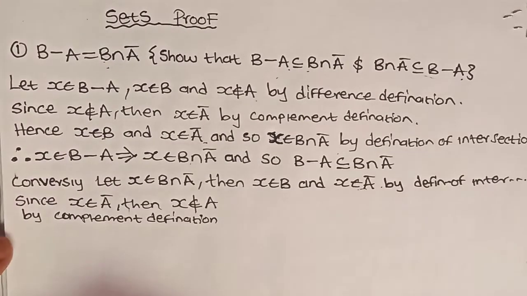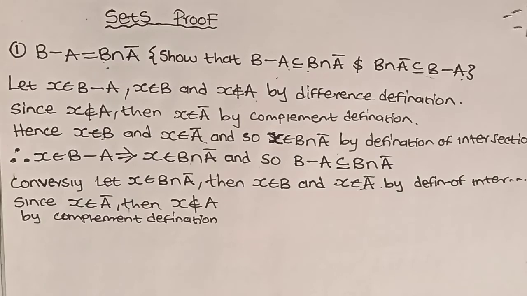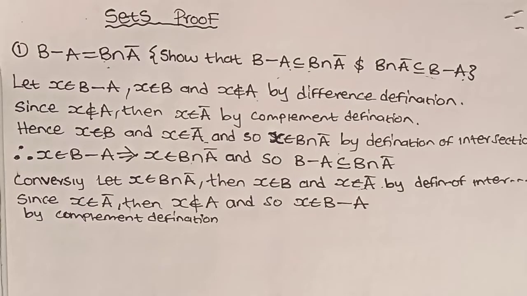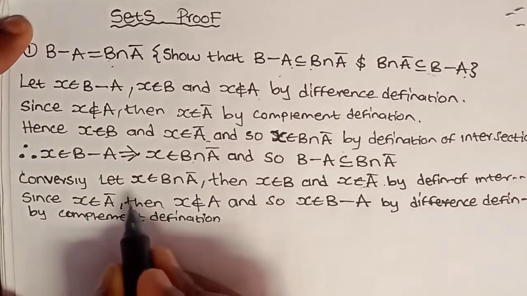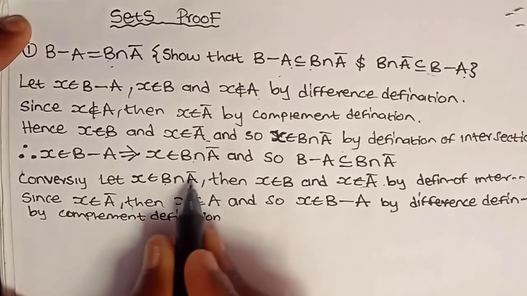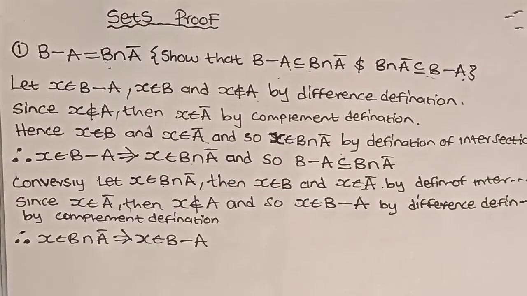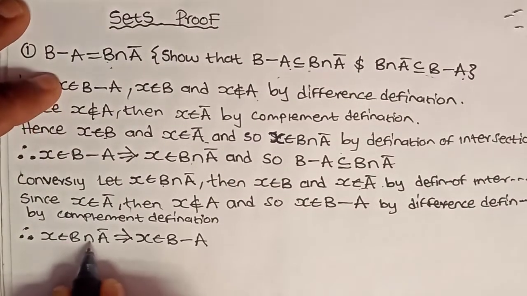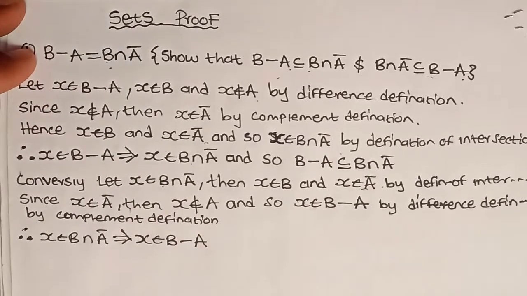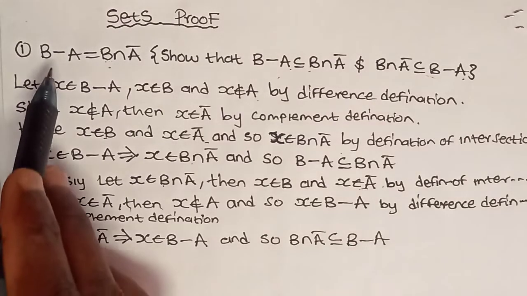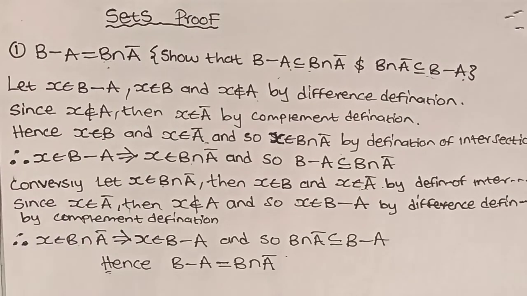And so X is an element of B minus A, since it's in B but not in A. This is by difference definition. Therefore, we have shown that if X is an element of B intersect A complement, then X is an element of B minus A. Meaning that B intersect A complement is also a subset of B minus A. Finally, we can agree that the two sets are equal. So that's how you prove it.